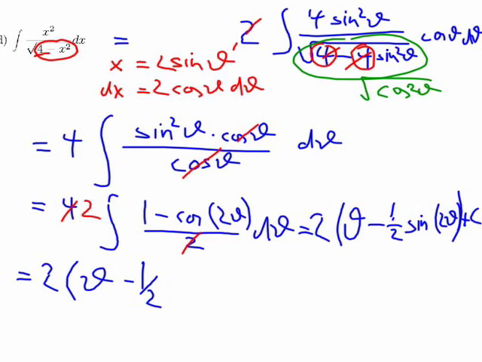The 2 will cancel with this 1/2. Right. Let's make this clean. So we had to integrate 2 times theta minus sine theta cosine theta plus c.